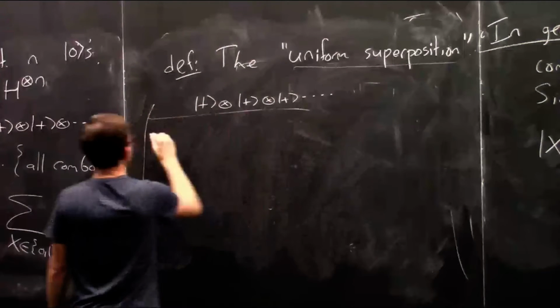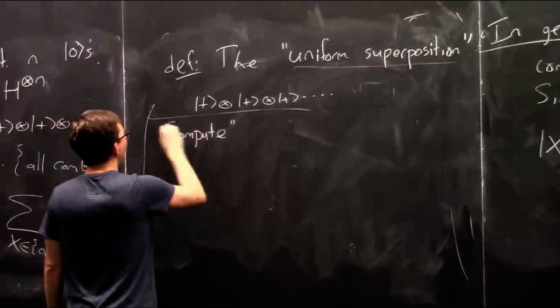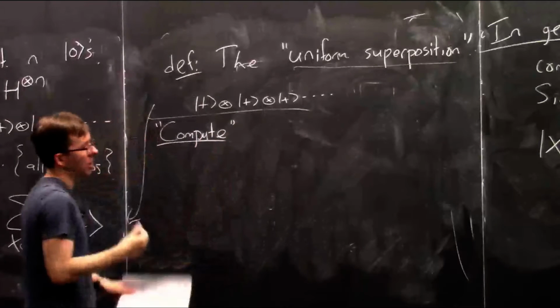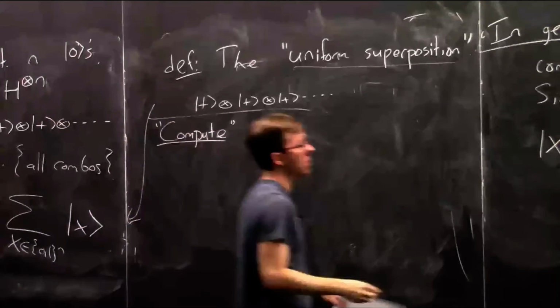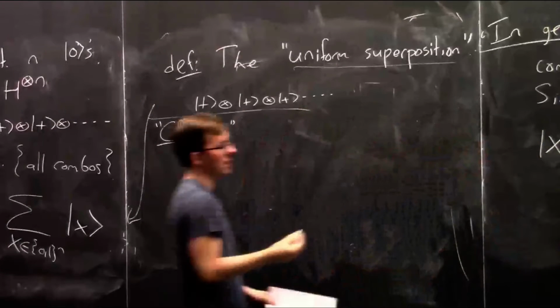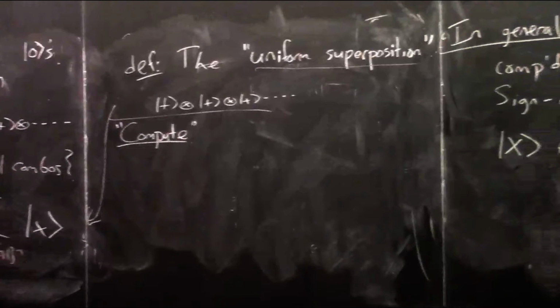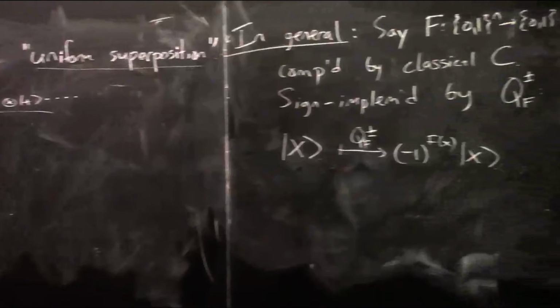Okay, so the next step in this paradigm of Simon's is the compute part. By which I mean, we now imagine what happens when we plug this uniform superposition into our quantum version of a classical circuit that computes the given function on classical inputs, but also has the ability to accept superpositions.